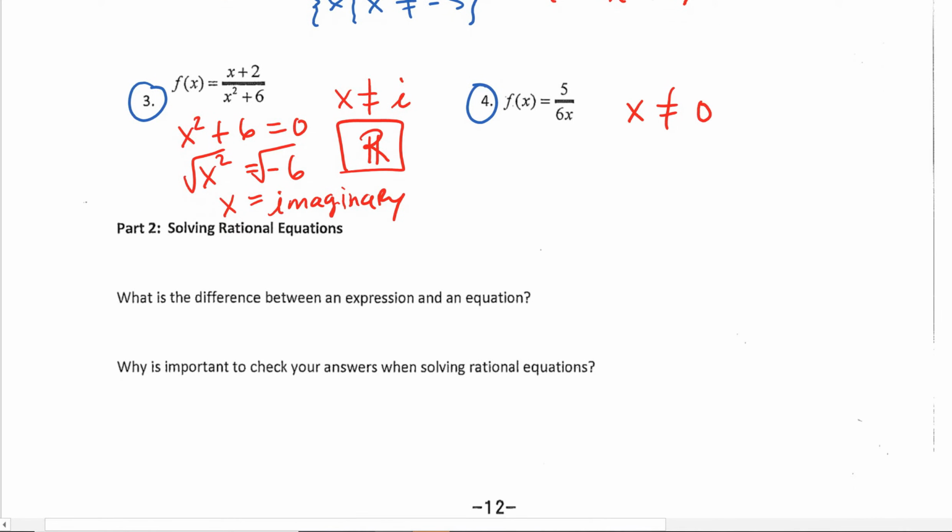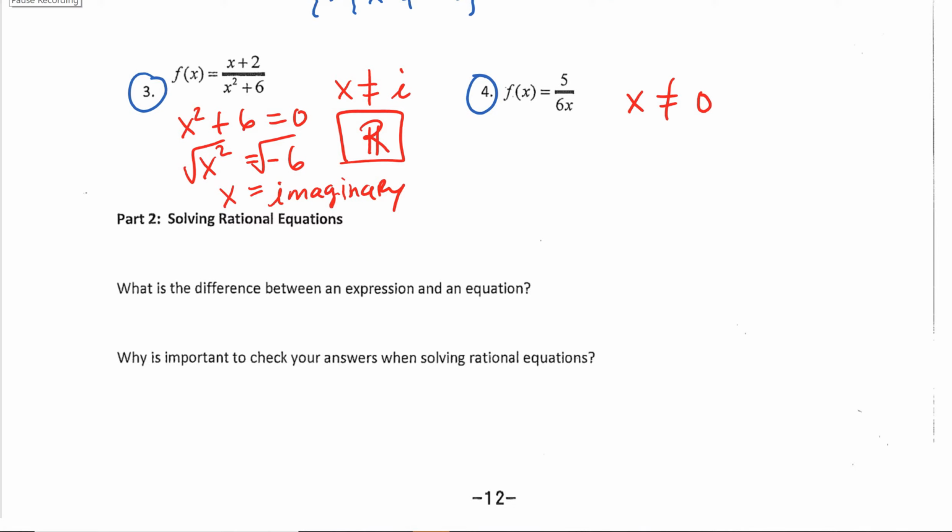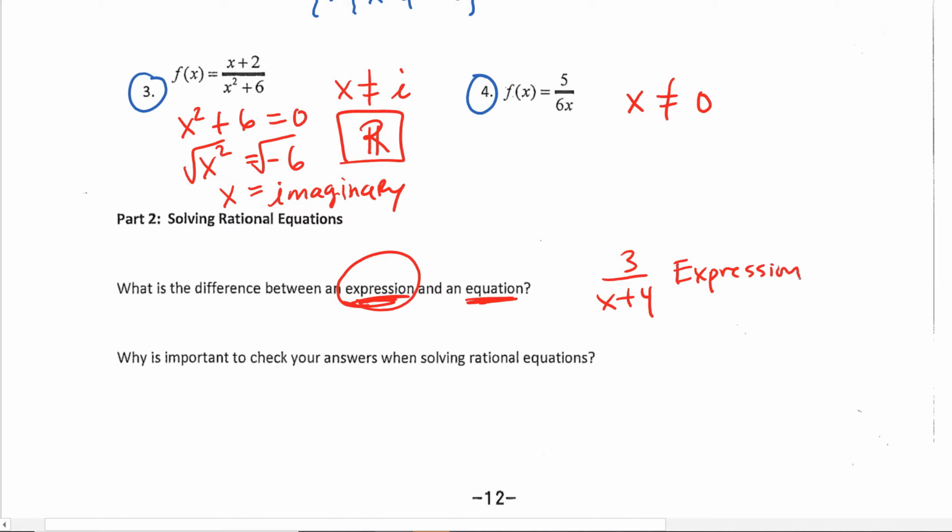Okay, so the next step, what is the difference between an expression and an equation? Today we're going to start solving equations. Everything we've done so far in this unit has only been expressions. So if I give you 3 over x plus 4, that's an expression. If I put an equal sign and another rational next to that, I now have an equation.